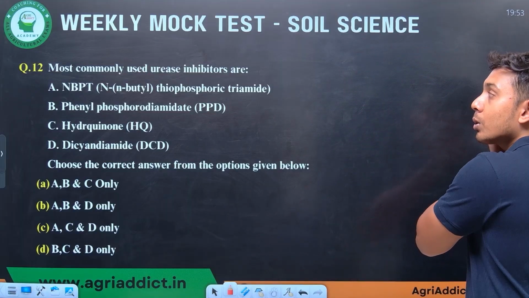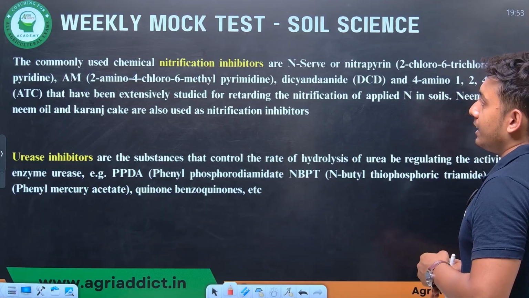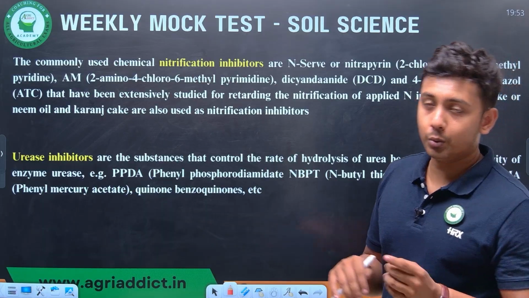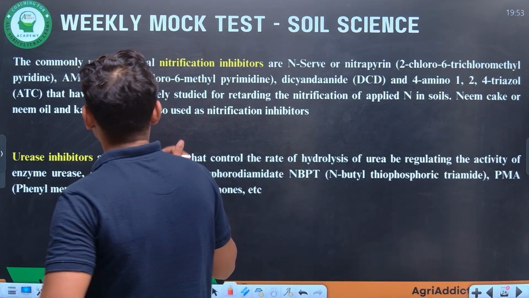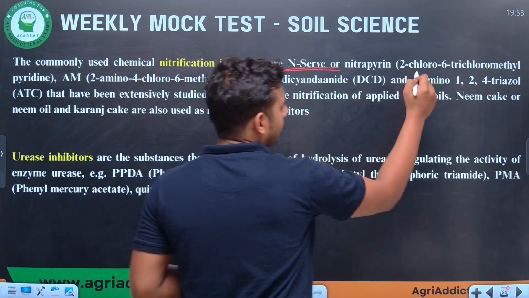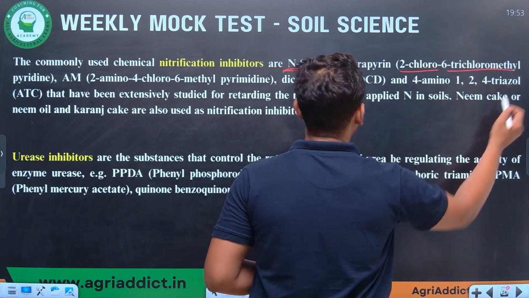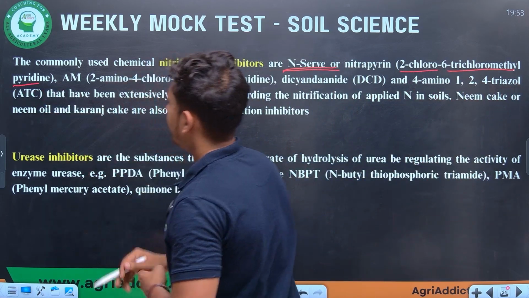Now comes the most commonly used urease inhibitor. Let's see what are the nitrification inhibitor examples and what are the urease inhibitor examples. Commonly used chemical nitrification inhibitors are N-Serve, nitrapyrin, and AM. You have to remember the chemical names: 2-chloro-6-trichloromethyl pyridine for nitrapyrin, and 2-amino-4-chloro-6-methyl pyrimidine for AM.